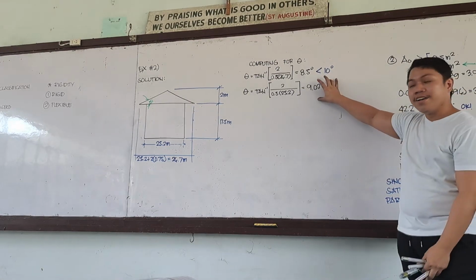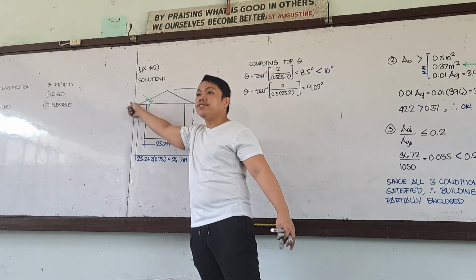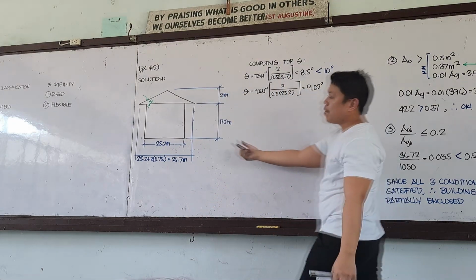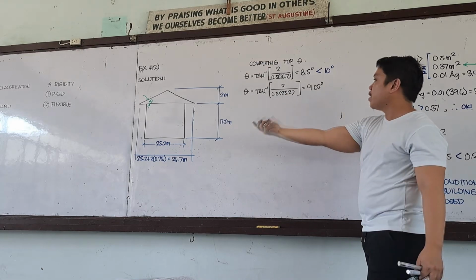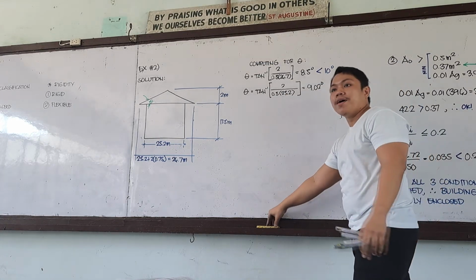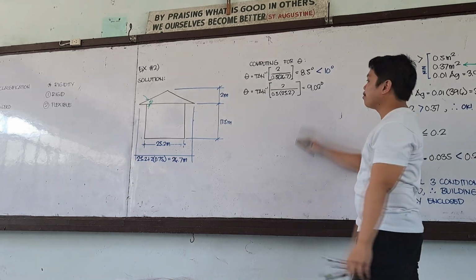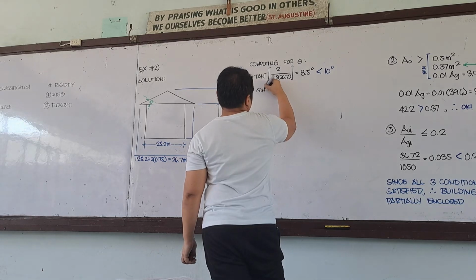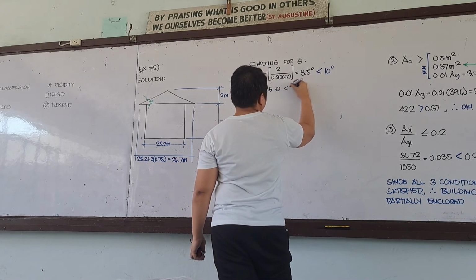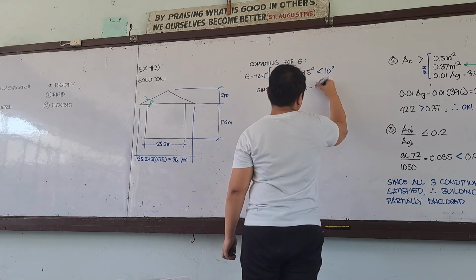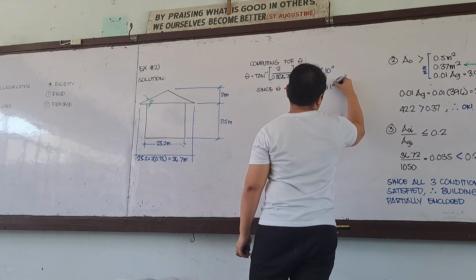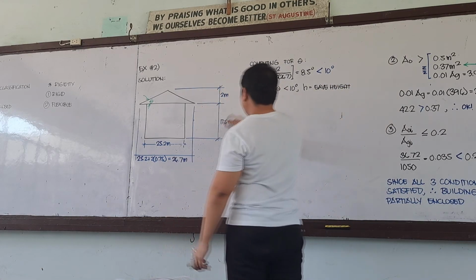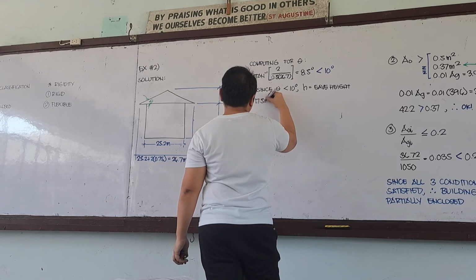So always consider the span of the roof, not the building dimension. If theta is greater than 10, you can say the building is not low rise. Since theta is less than 10, h is equal to the eave height, so our mean roof height is 17.5 meters.